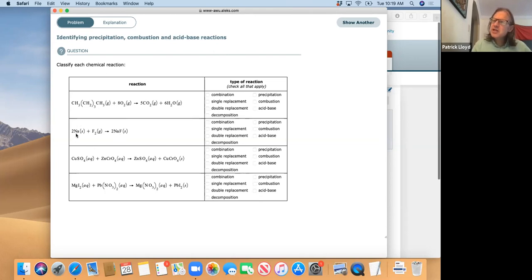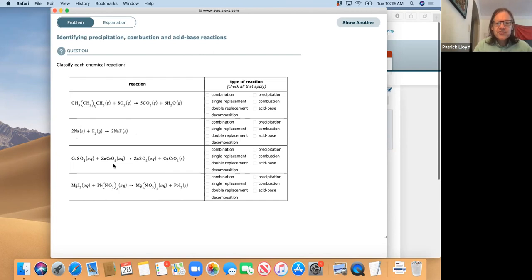It doesn't have to be just elements. So for example, there's an example where you have Ca, calcium, which is an element, plus CO2, which is a compound, to form CaCO3. So you're going from an element plus a little compound, CO2, to form a big compound, CaCO3. That would be a combination as well.